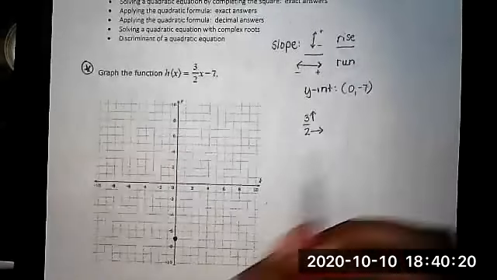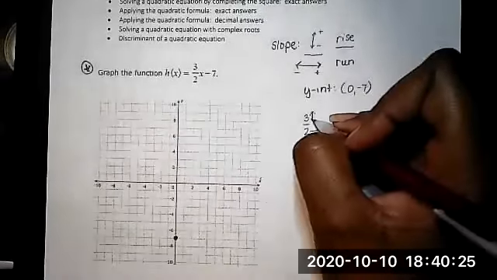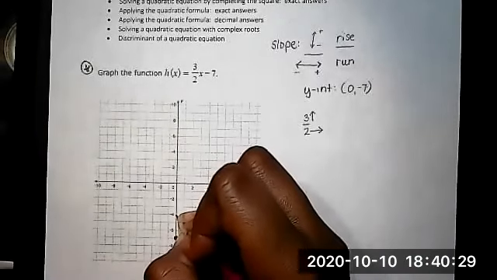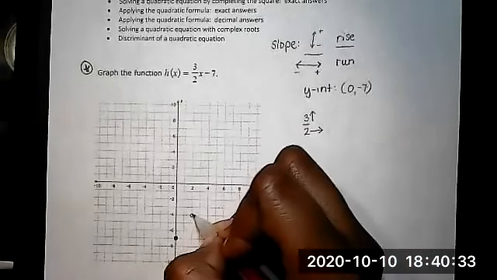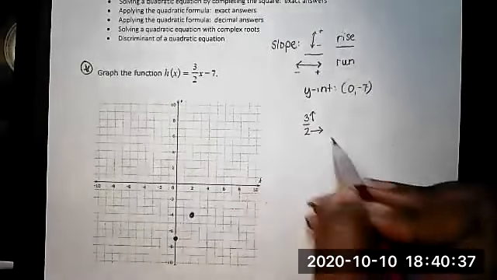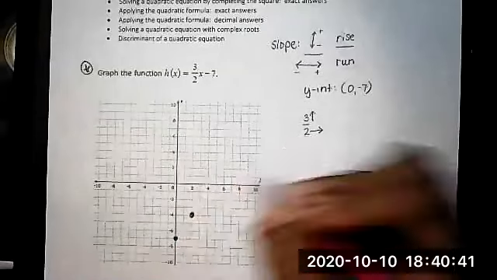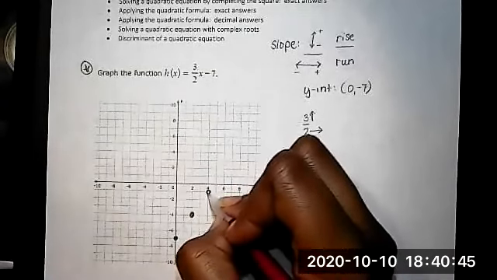So starting from your y-intercept, we're using our slope as a roadmap. We're going up 3, starting from the y-intercept, 1, 2, 3, and then right 2, 1, 2. That is our next point. Then starting from this point, we're going up again 3, 1, 2, 3, and then to the right 1, 2.